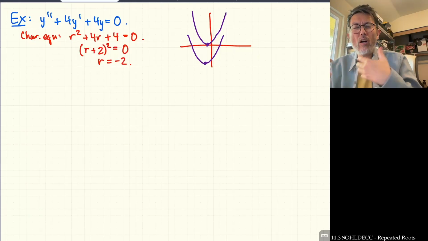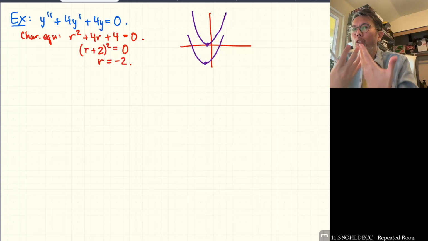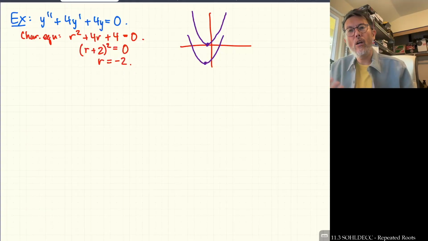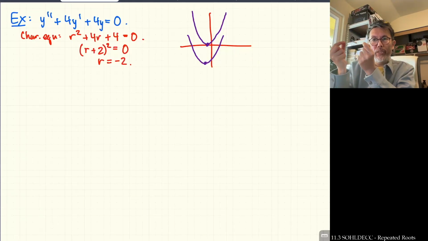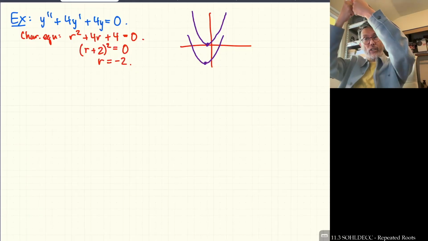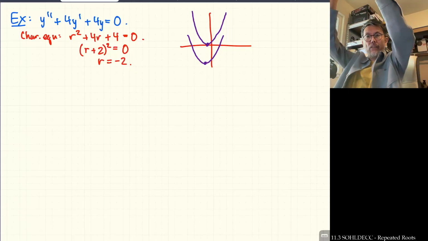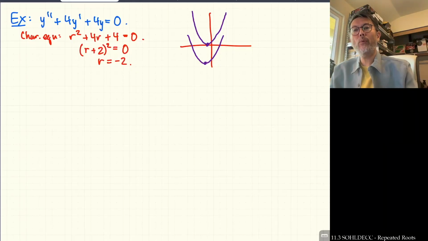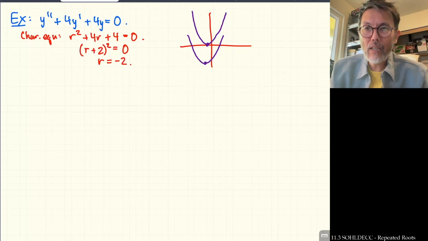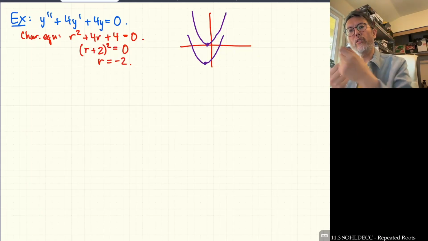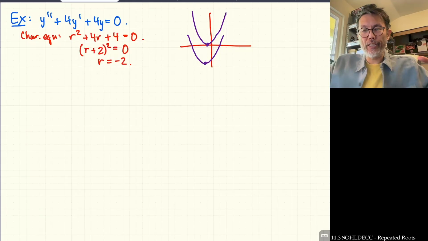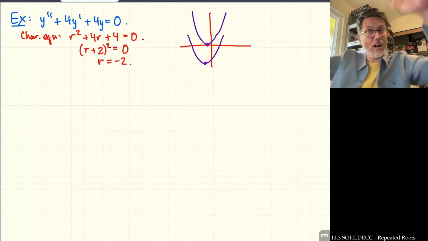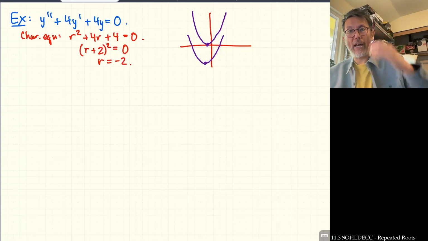There's a critical threshold happening there where this repeated real root is created from these two real and distinct roots. And as we keep translating the parabola even higher, the parabola completely misses the x-axis. So these repeated real roots are at the boundary between having roots and not having any roots over the real numbers at all.